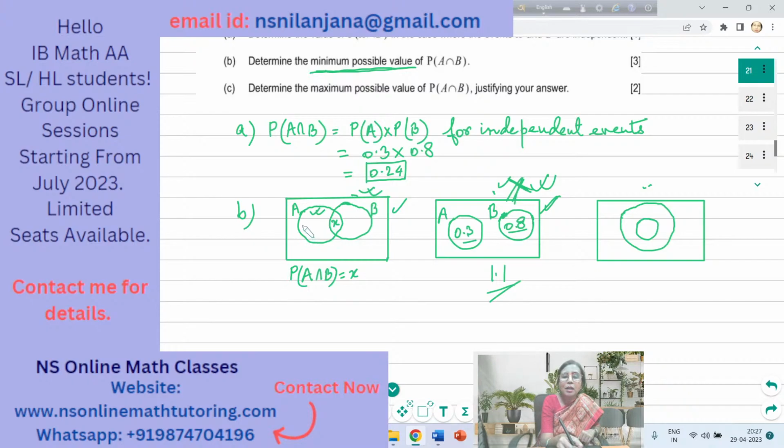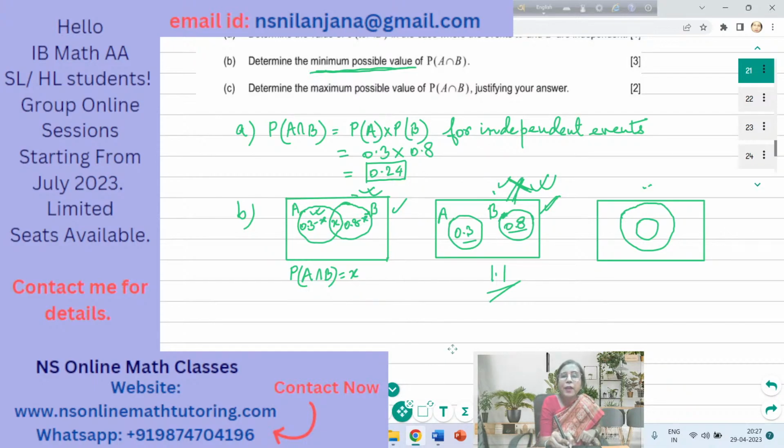So this one is 0.3 minus X. And this part is B happening but A not happening. So this is 0.8 minus X.